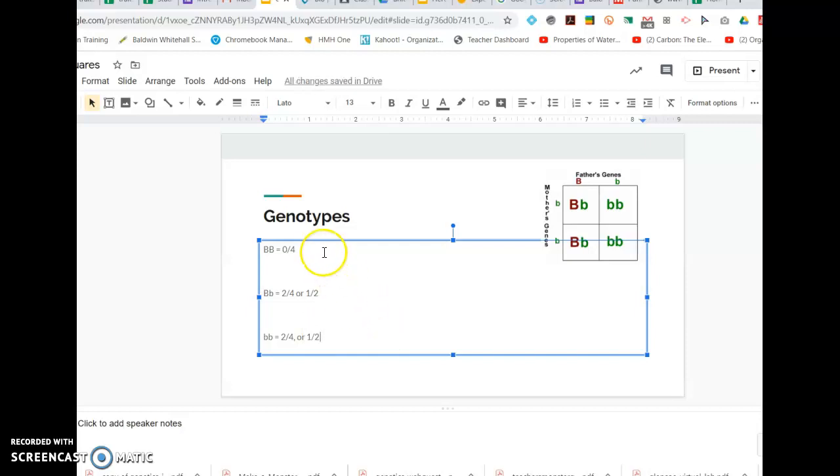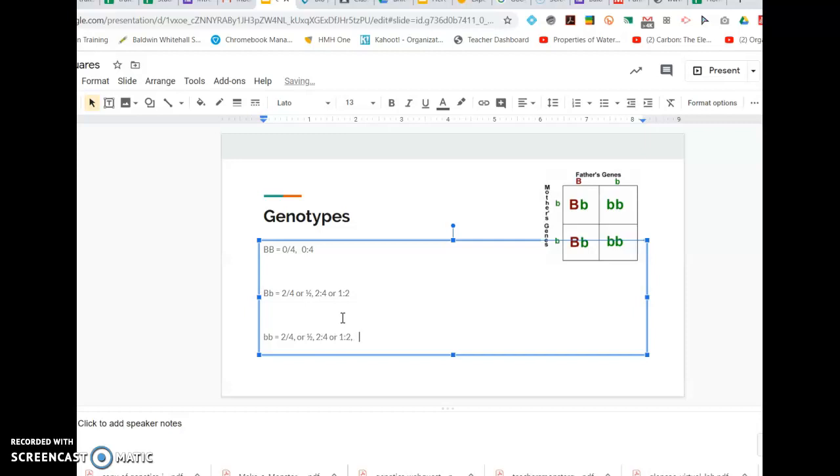So you can reduce it if you would like. If I were to write the ratios, this would be 0 out of 4. This ratio would be 2 out of 4 or 1 to 2. You could reduce that. And then the ratio of this one would be 2 to 4 as well, or 1 to 2.